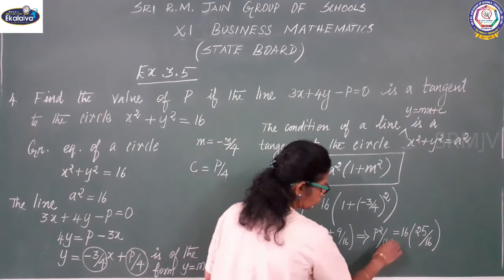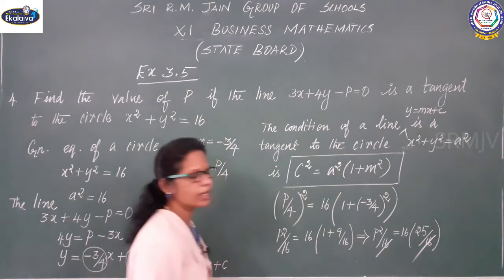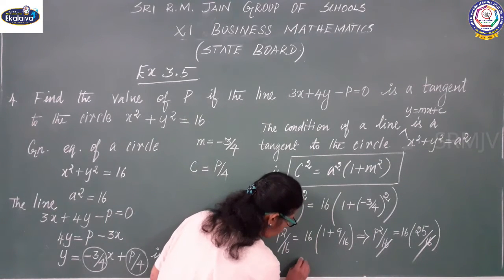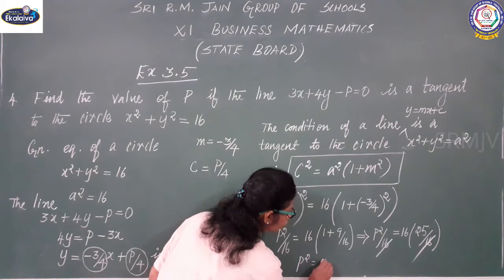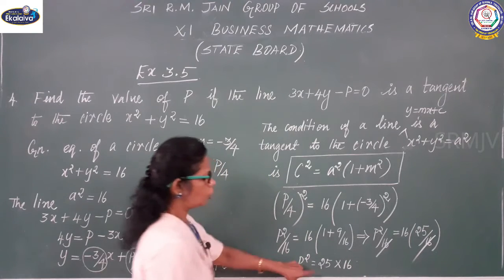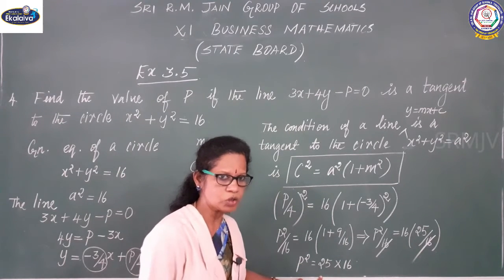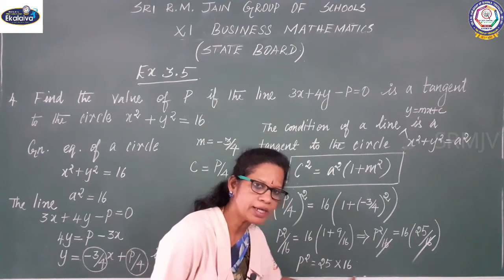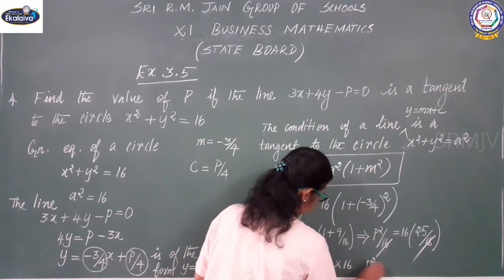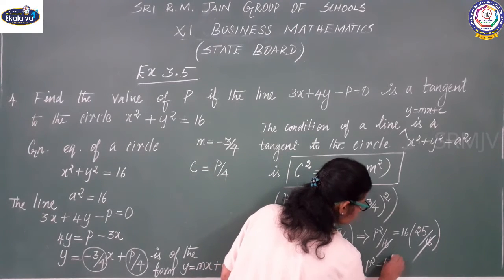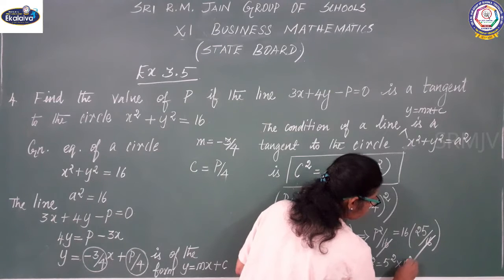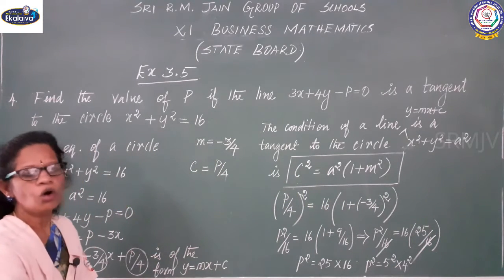Now 16, 16 cancel. Right? Now what can you get? P square equal to 25 into 16. 25 you can also write as 5 square, and 16 you can also write as 4 square. Then p square equal to 5 square into 4 square.